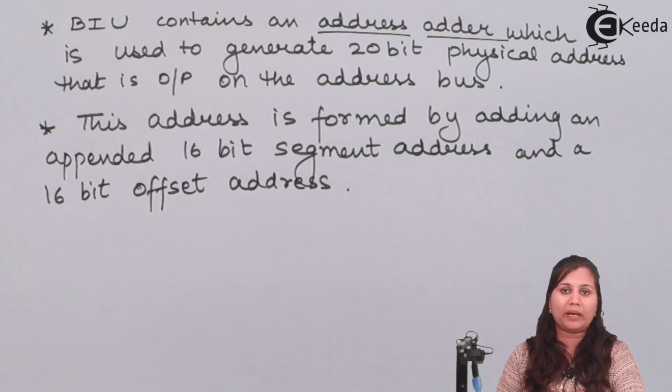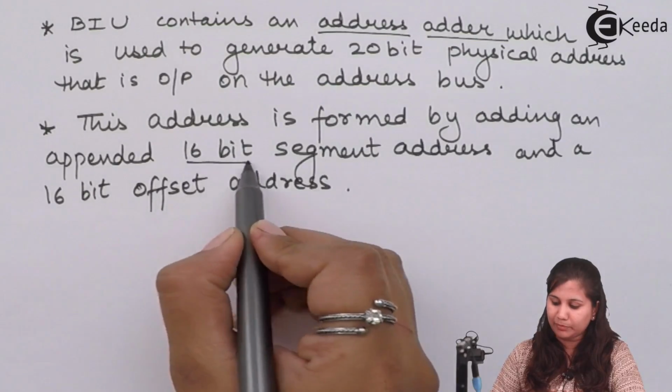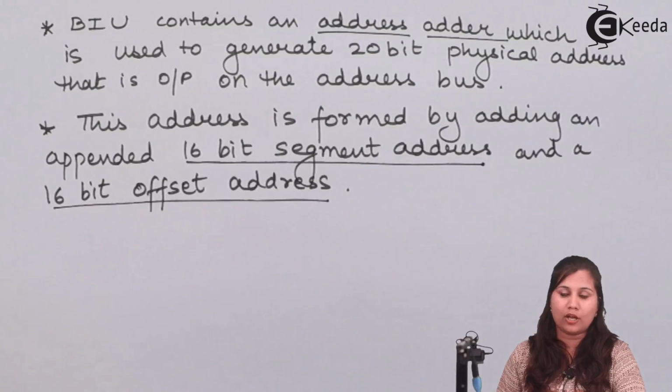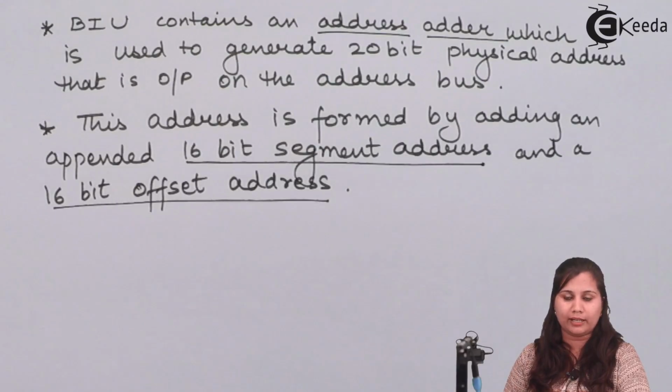Now, how will this 20-bit physical address be generated? This address is formed by adding an appended 16-bit segment address and a 16-bit offset address. So first we will have a 16-bit segment address, and then we will have a 16-bit offset address.